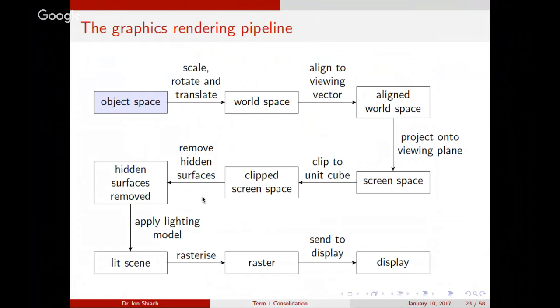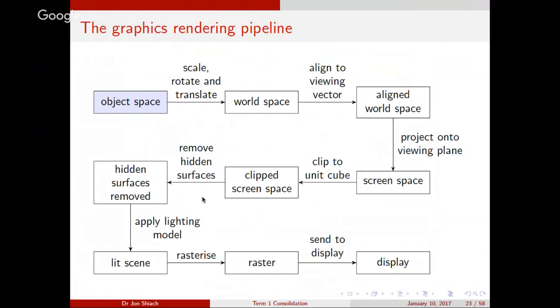That involves rotation and translation operations, and this gives you what we call the aligned world space. We haven't done anything to the world space, all we've done is rotate it and move it around, so that the camera position is at the origin, and the direction the camera is pointed in is directly down the z-axis.